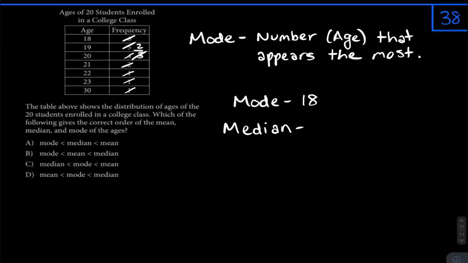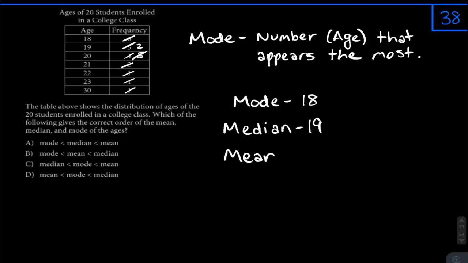And so the middle number is going to be in the age 19 row, because we've crossed off all our numbers everywhere else. Hopefully that makes sense. That's just how I would think about it in my head. So the median here is 19. That's going to be the middle number of this table.